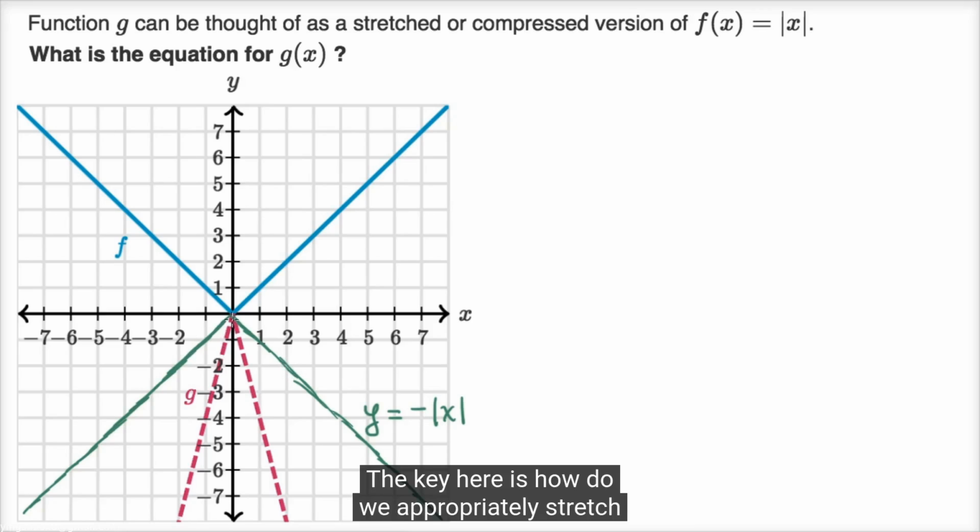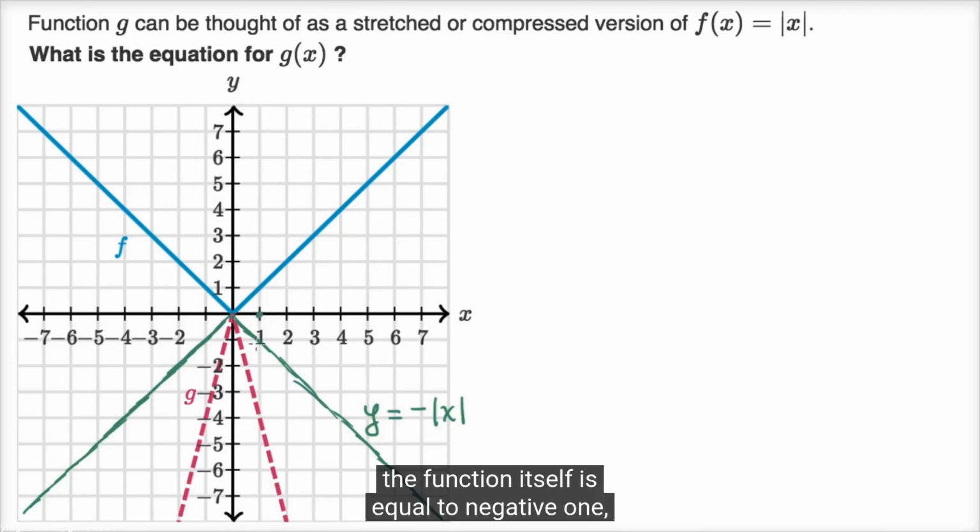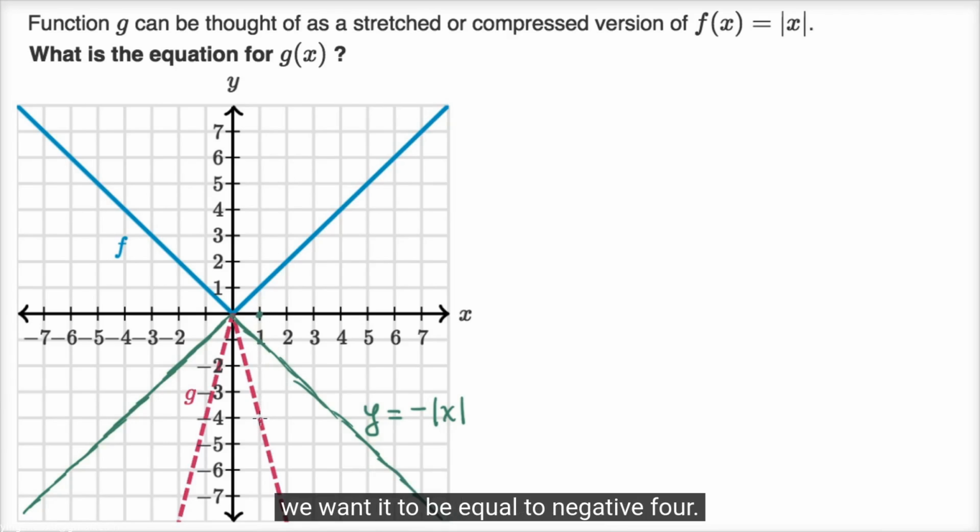The key here is, how do we appropriately stretch or squeeze this green function? So let's think about what's happening. On this green function, when x is equal to 1, the function itself is equal to negative 1. But if we want it to be the same as g, we want it to be equal to negative 4. So it's actually 4 times the value.